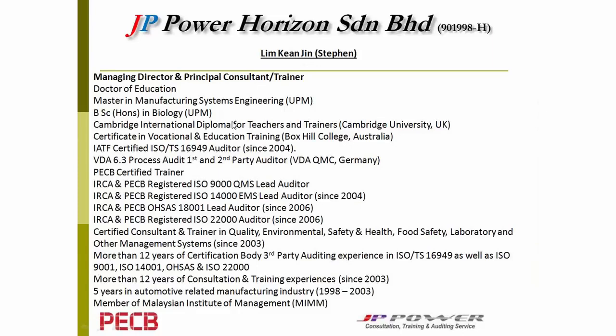Besides having the worksheet, you need to have a HIRARC procedure, and the procedure must describe and define very clearly the rating tables they're going to use. As I said before, different companies have different ways of assessing the risk level.